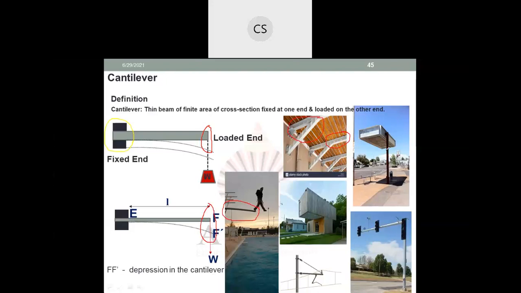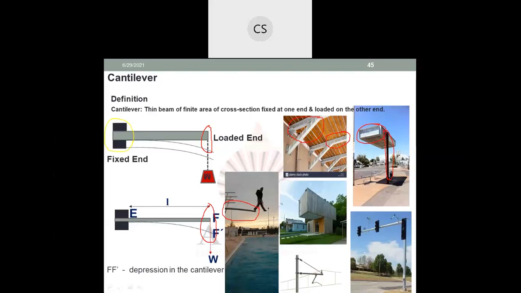You might have seen the bus stand or bus waiting shed, a single pillar, for which a roof is attached. This is again a cantilever structure. Single pillar or multiple pillars, but a hanging structure, that is again constructed with the support of a cantilever.